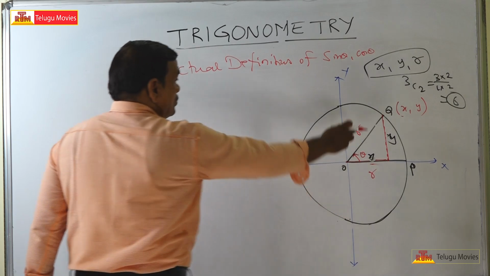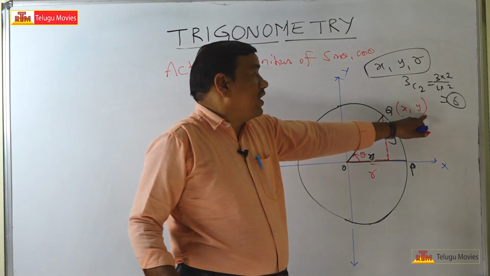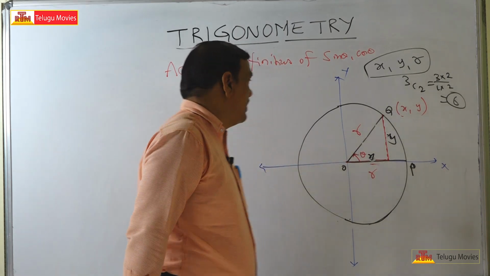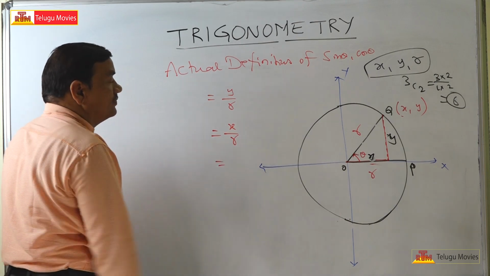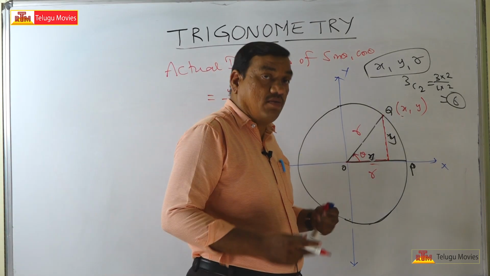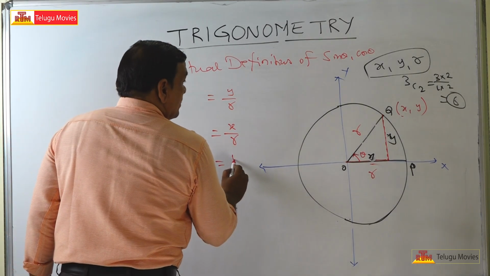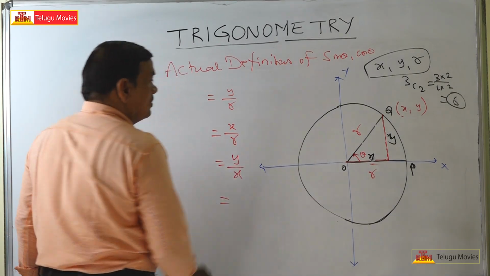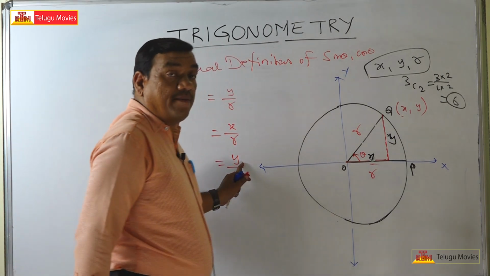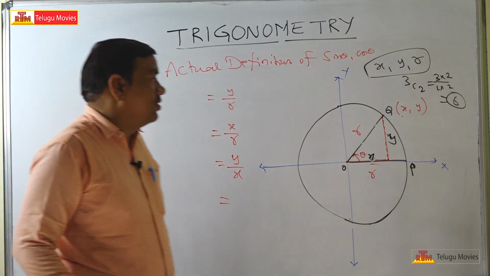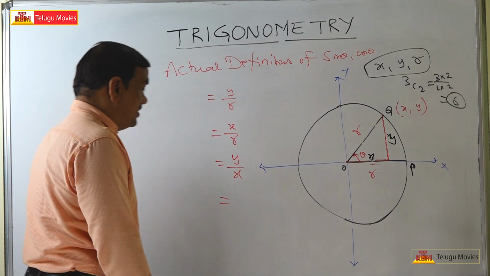First combination I will write down y by r, that means y coordinate upon r. Next combination x by r, that means x coordinate upon r. Next I will compare y upon x, which does not involve r. That also will change.